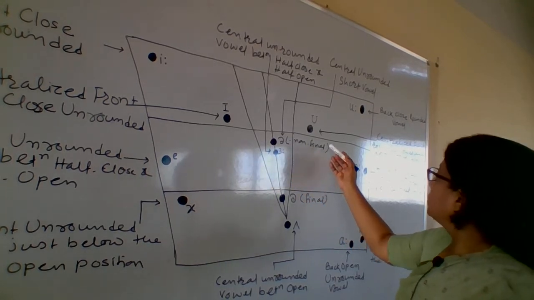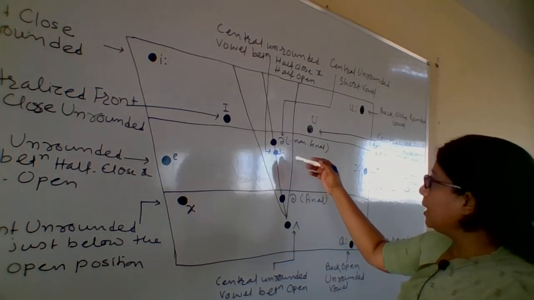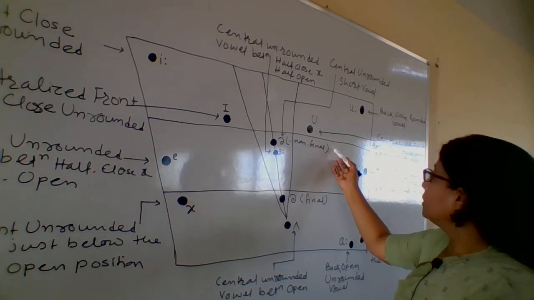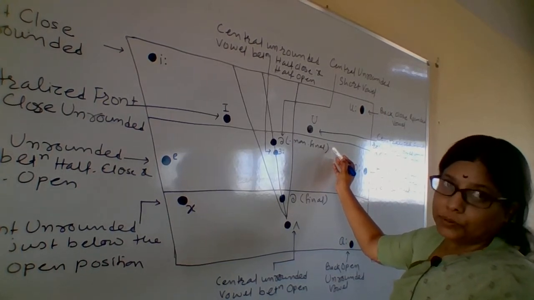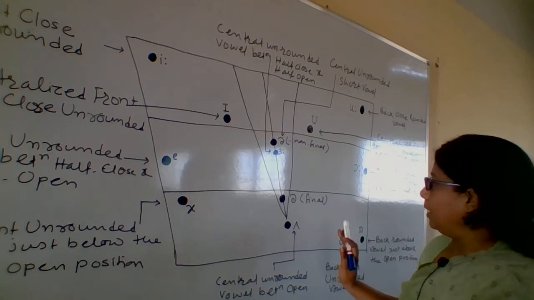It is produced when the central part of the tongue is raised to a height just below the half closed position and the lips are unrounded.